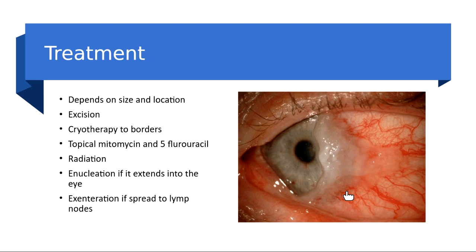Enucleation is when you remove the actual eyeball. But exenteration, you remove the muscles, the fat, everything within the orbit. You try to clear that orbit so that you don't have further spread.